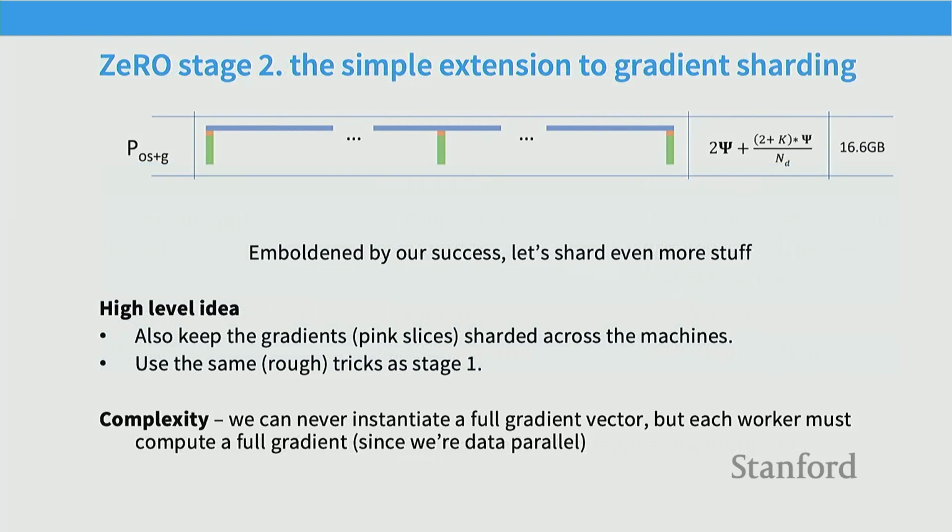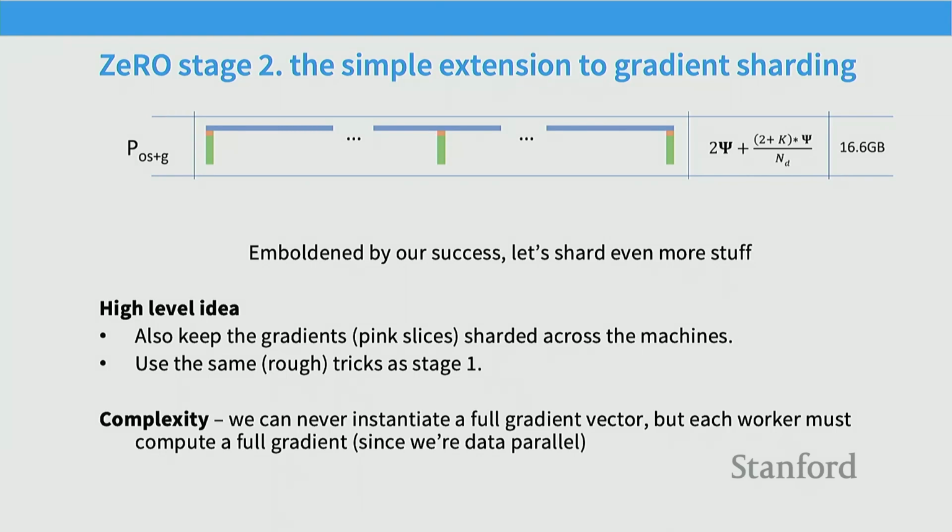Okay, so we're going to build up stage by stage to ZeRO stage 3, which is more complicated. ZeRO stage 2 is still relatively simple. So now, hopefully, that optimizer state sharding trick made sense. I think that's very cool. So now, we want to shard even more stuff. I want to shard the gradients across the machines. Roughly, we can do the same kinds of trick as stage 1, but there is one additional complexity.